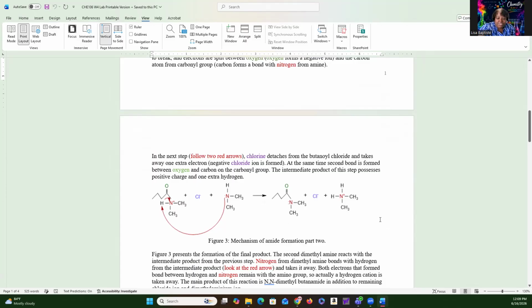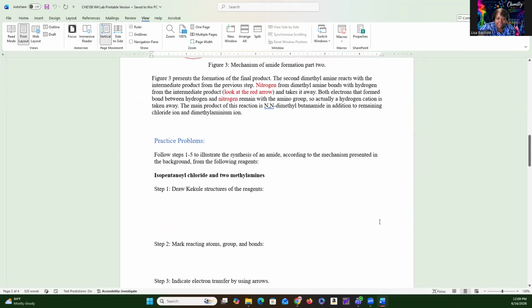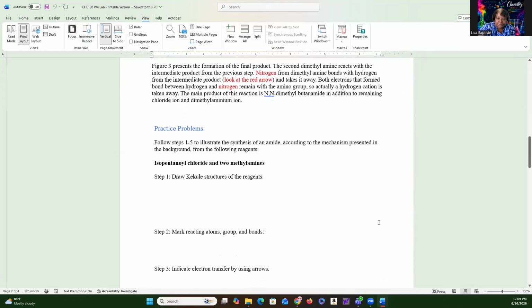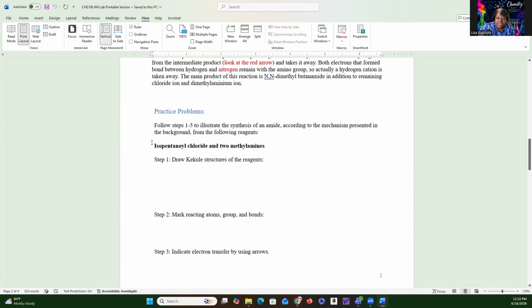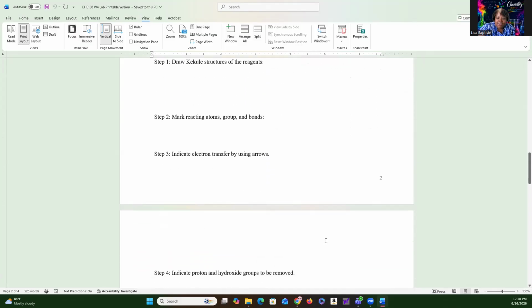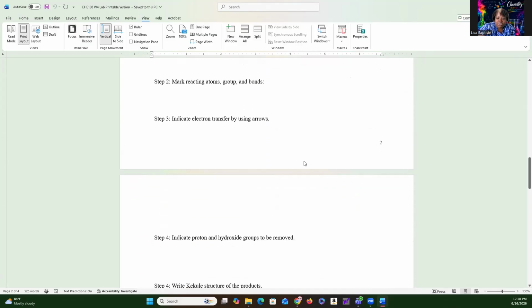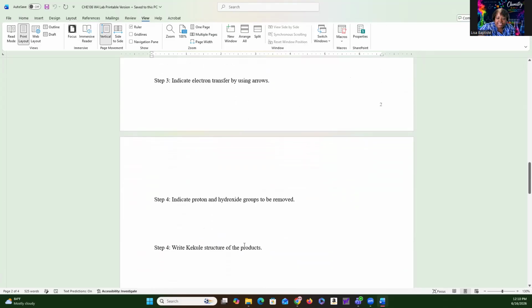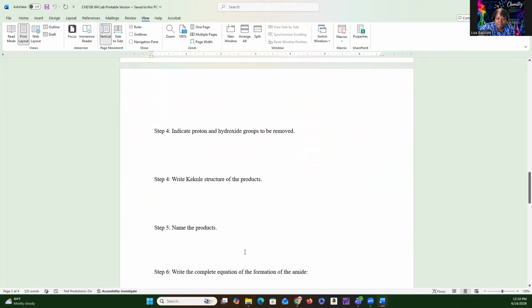If you have questions on this formation, let me know on the mechanism. So what you're going to do is you are given your compounds that you are reacting together. You're going to draw the Kekulé structure and you're going to mark how the electrons are transferred and then get to your final product, okay?